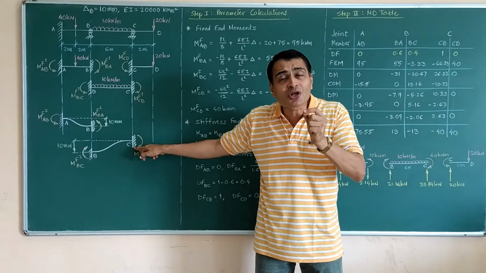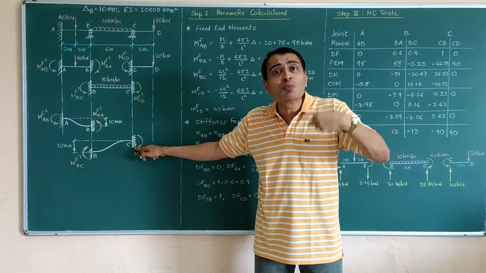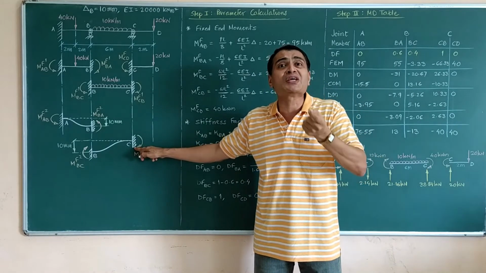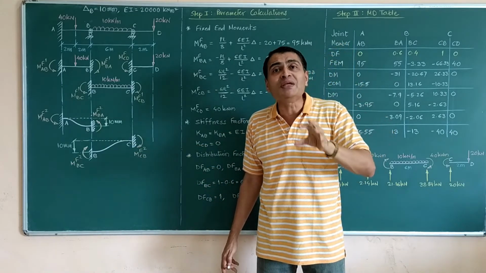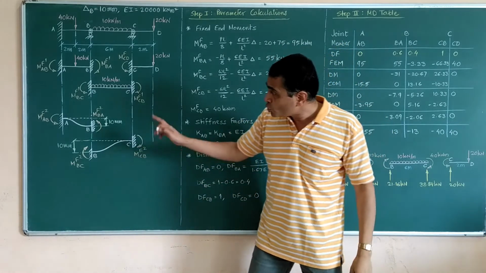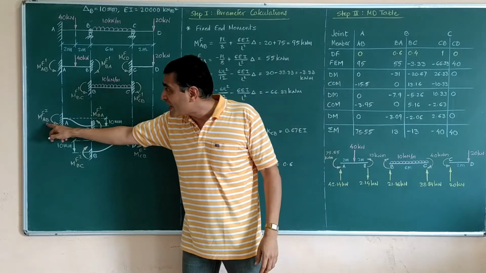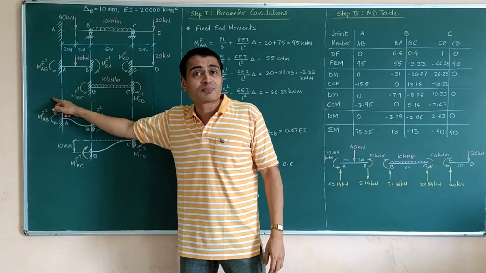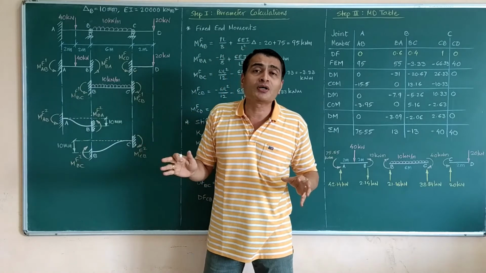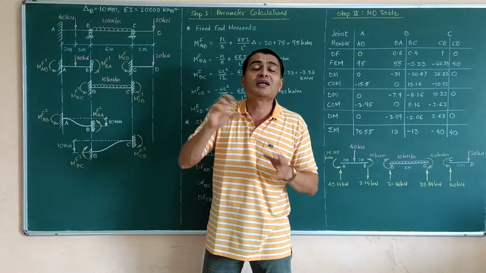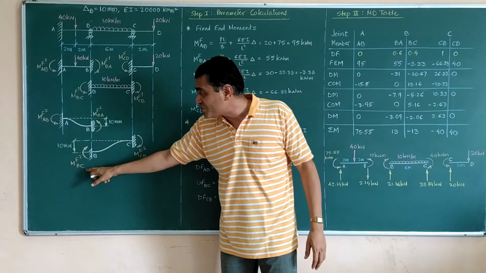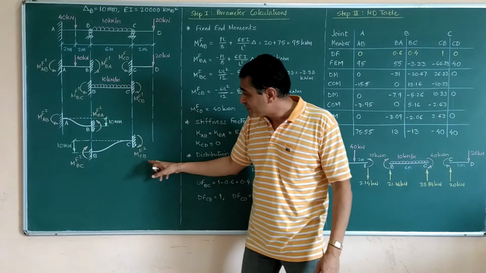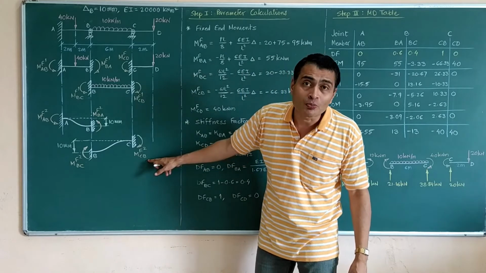So when B sinks down, the additional moment generated due to sinking of B will be affecting support A, support B and support C only. So those moments I have shown as MFAB2. This is not square of the quantity, this is 2 indicating second quantity. This is MFBA2, this is MFBC2, this is MFCB2.